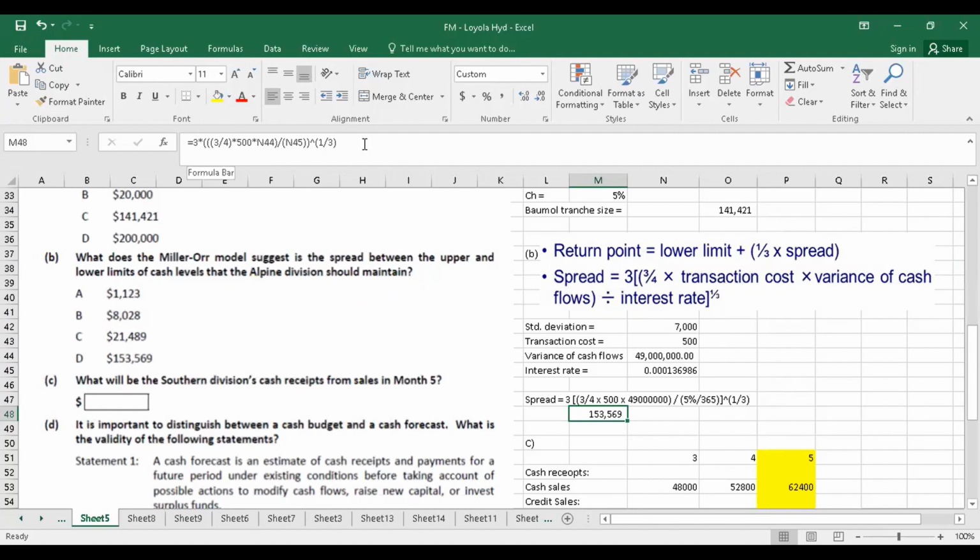Okay, the question says, what does the Miller-Orr model suggest is the spread? We only are asked to calculate spread.